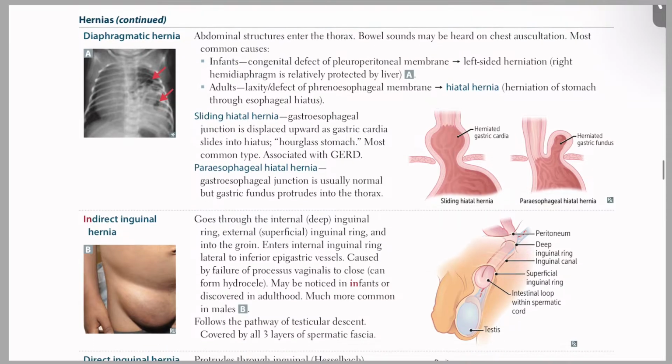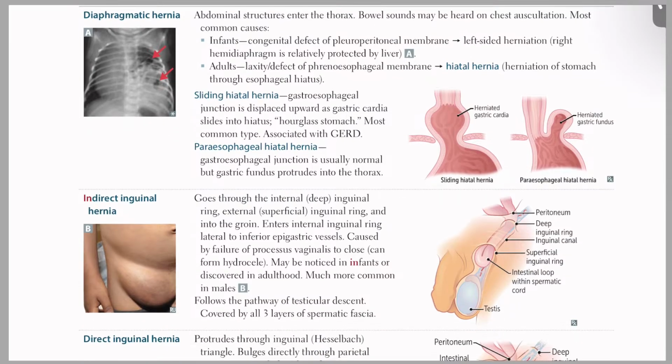Paraesophageal hiatal hernia: gastroesophageal junction is usually normal, but the gastric fundus protrudes into the thorax. Herniated gastric cardia, herniated gastric fundus.